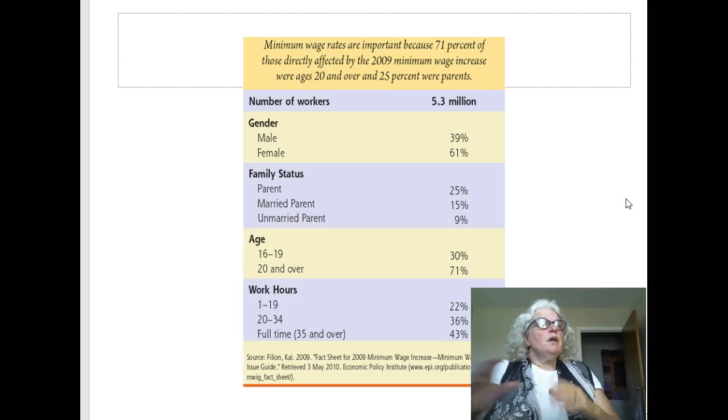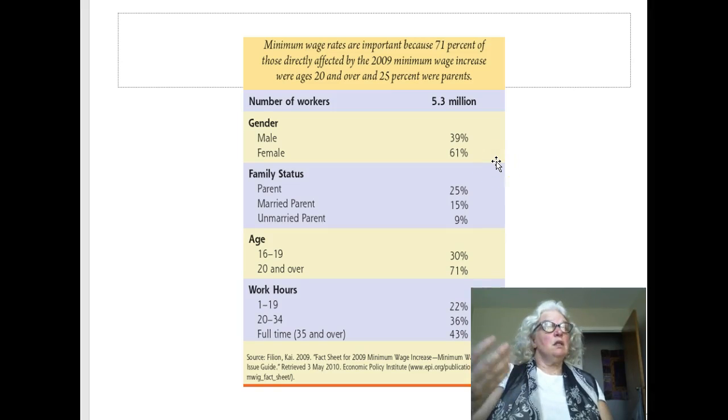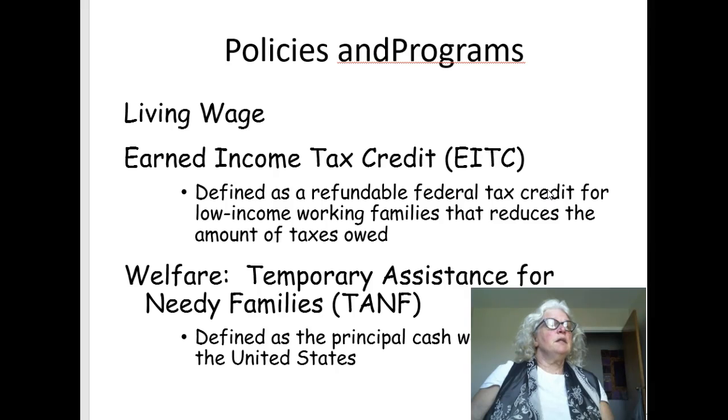And as we look at this, we can see that there are significant differences as far as the number of workers for male that fall in that category of minimum wage versus females at a higher rate. We start seeing these differences into place. The difference here as far as their status as married and unmarried parents, and the process that comes into place.